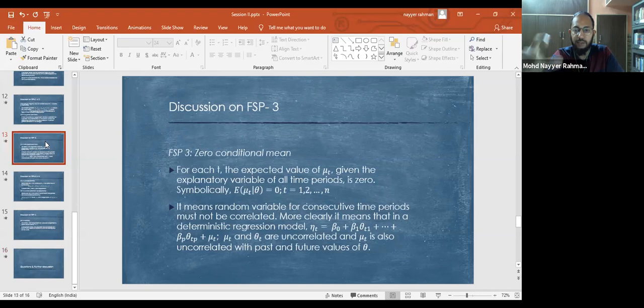We divide the series in that way. Now we compare all these means. If one mean is conditional on another 10, it means it is somehow related to the other. That is the meaning of conditional. If the conditional mean is zero, it means within the series there is no condition which is changing the mean of the series. Then we say that is zero conditional mean. It is important because it tells us the internal dynamics of the series, that these samples are not somehow correlated within themselves. And therefore we can use it for drawing inferences properly.